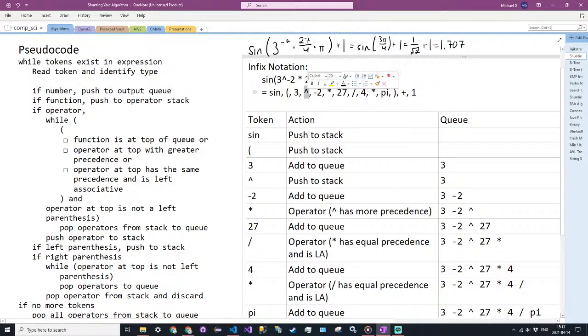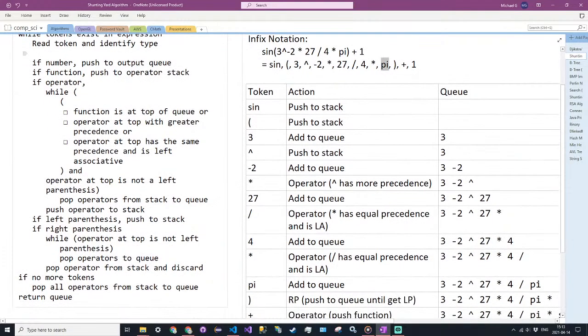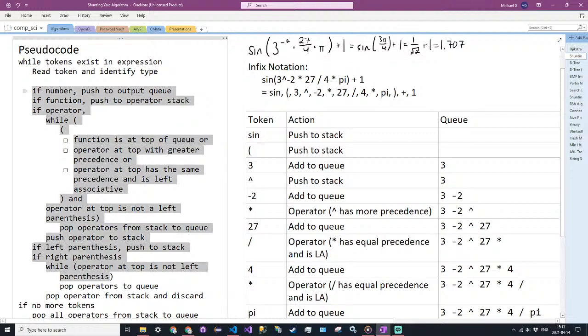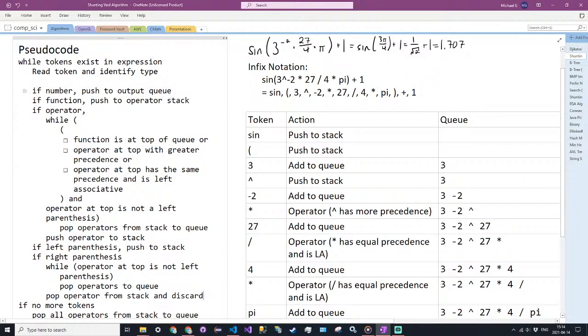The exponent will be both a function and an operator, where operator is a subtype of a function, and so forth. -2 is still a constant. The pi is also a constant, but we will represent that differently. Then we want to do a few things based on what type it is. If it's a number, we're just going to push it to the queue.